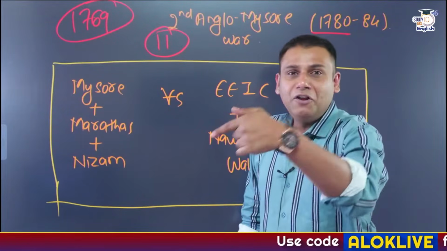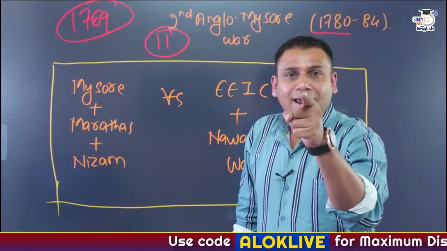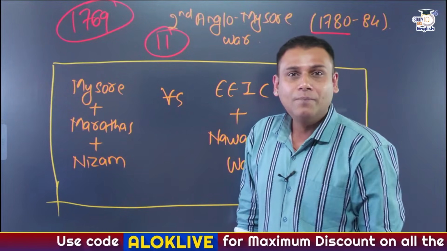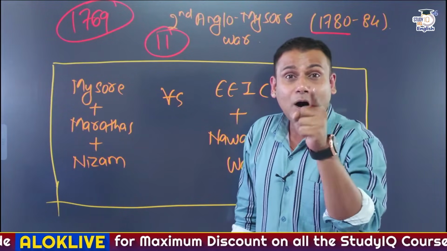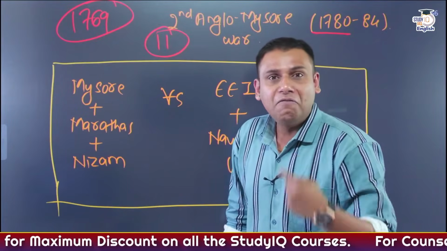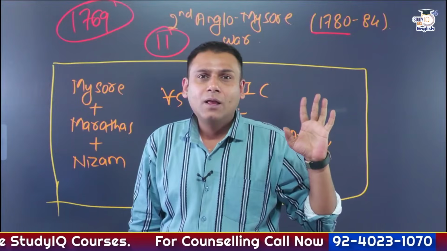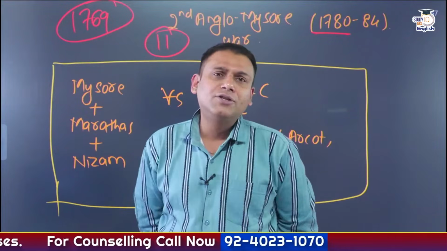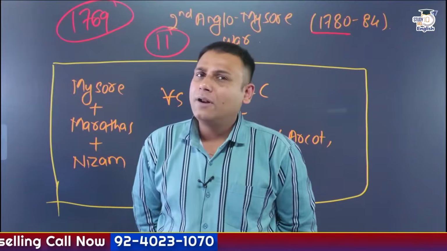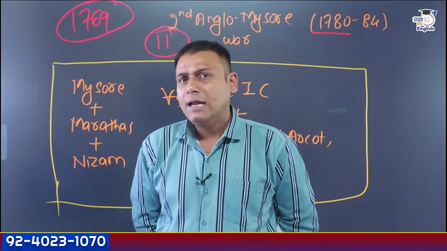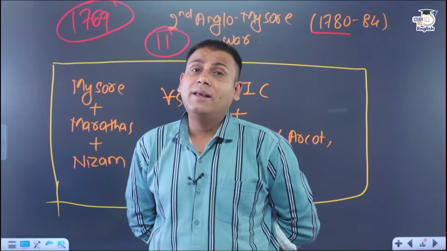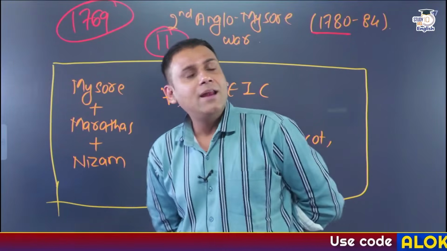And what did the Treaty of Madras say? What had the English East India Company promised to Mysore? If any other power attacks you, we would be providing you military aid and support. So Hyder Ali approached the English East India Company that as per the Treaty of Madras, you had promised us that you will provide us military support in case of any attack by any other power.